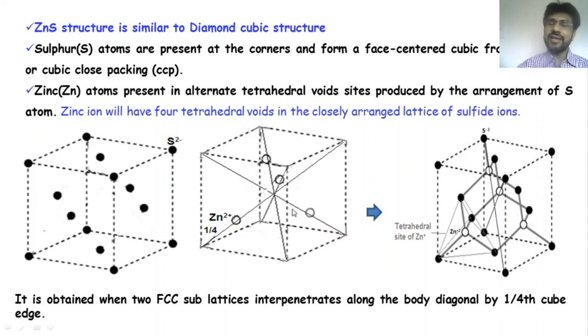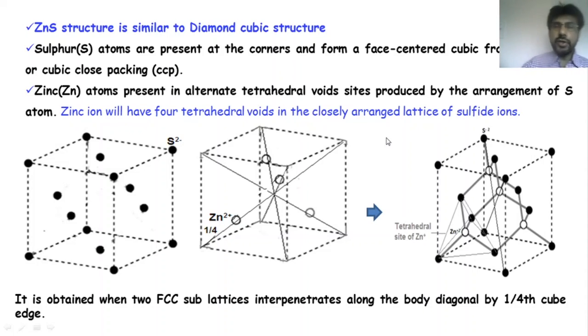And these zinc atoms will form the tetrahedral voids, those we have already discussed in the diamond type of the structure. Now then, the same thing is here. The 2 atoms which are at 1/4 distance of the edge of the unit cell along the body diagonal, and the 2 atoms which are at the 3/4 distance of the edge of the unit cell from the body diagonal.